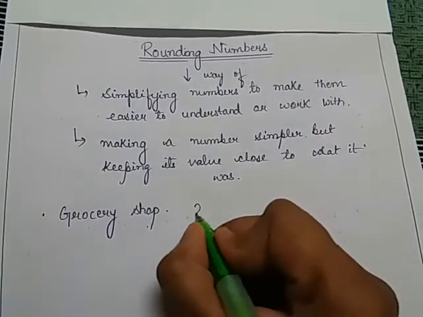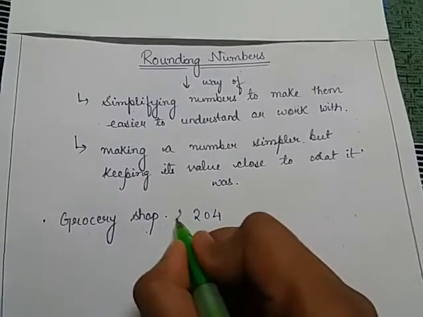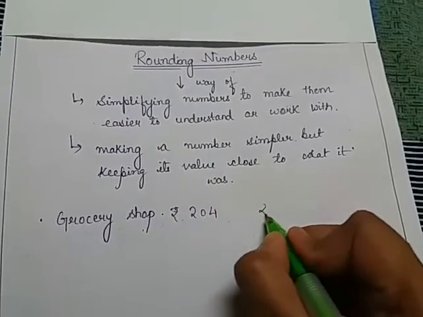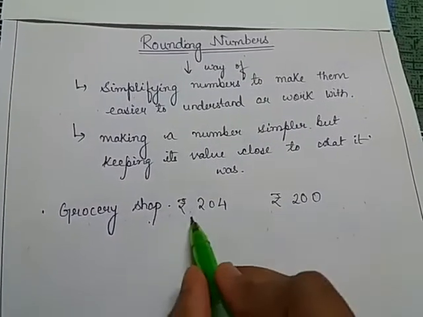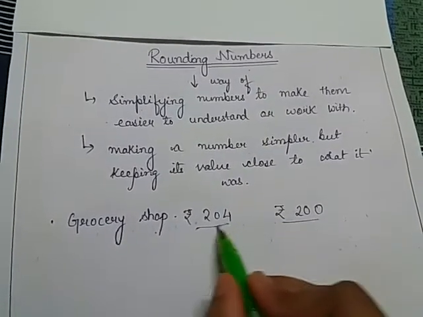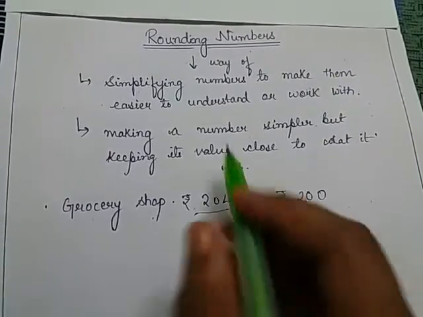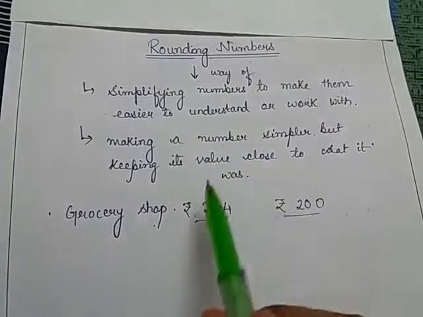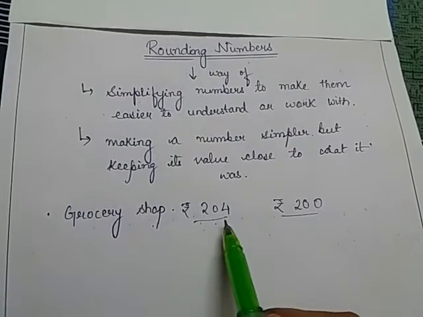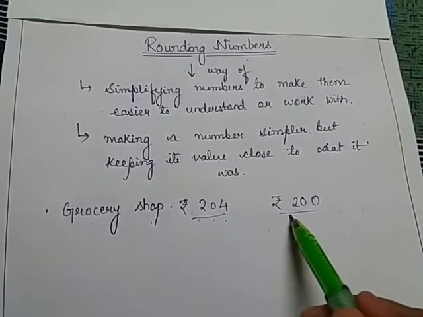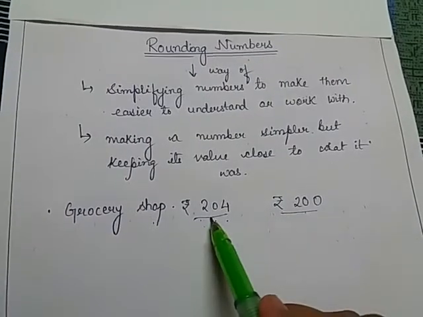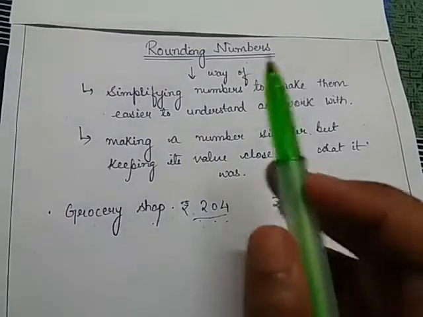So the bill was 204 rupees, but the amount that you paid was 200. This is an example where the shopkeeper has used rounding numbers. Instead of paying 204 rupees, you might pay 200 rupees.